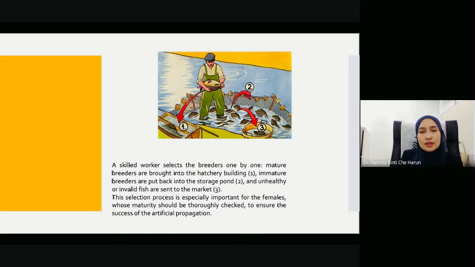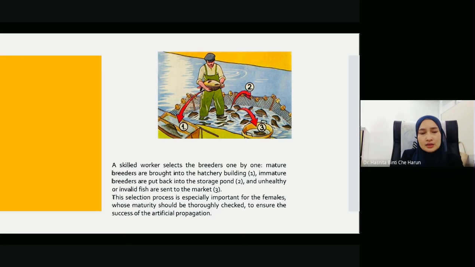Immature breeders are put back to the storage pond, and unhealthy or invalid fish are sent to the market.